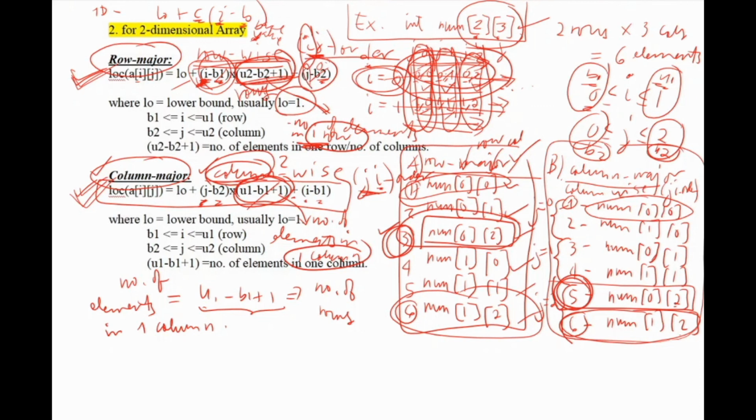Now for the column major, our primary reference is the column. That's why this is J. And this is multiplied by the number of elements in one column, which is represented by this expression. And from our example, our U1 is 1 minus 0 plus 1. So that is equal to 2, meaning 2 elements in one column, which is equal to the number of rows.